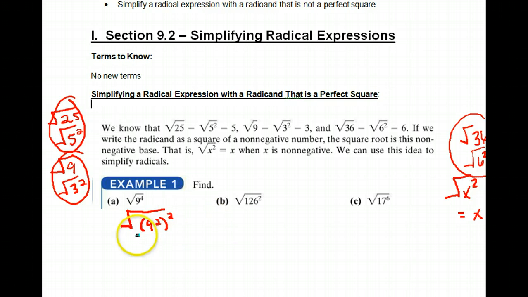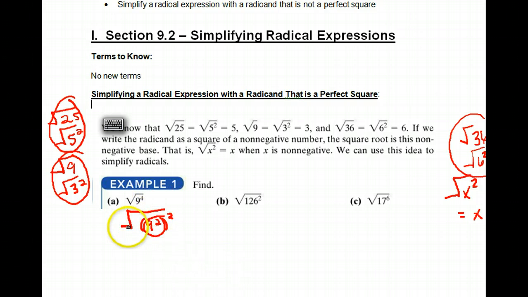So now what you have is something raised to a power of 2, just like we had in each of those previous examples.